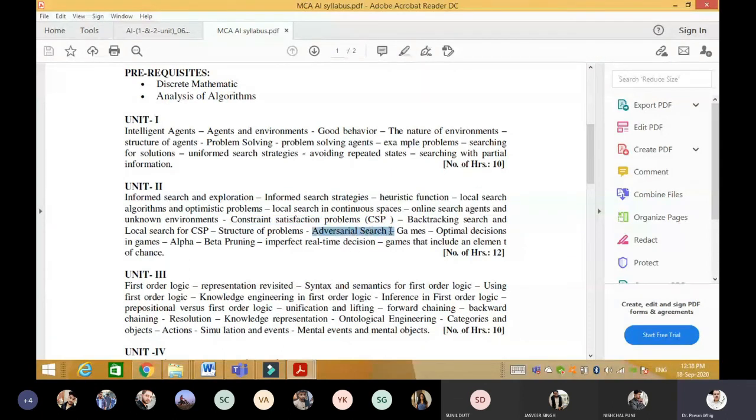Adversarial search we already covered. Alpha-beta pruning we already covered. Informed and uninformed search we already covered. Heuristics we covered. And the first unit is very easy: intelligent agents, problem solving, and this is all about basics.